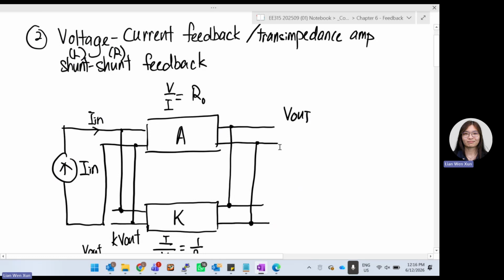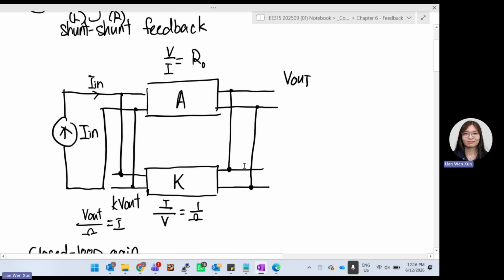Shunt feedback network. When we say current-voltage, we read from right to left. When we say series-shunt, we read from left to right. Let's examine this circuit a little bit.